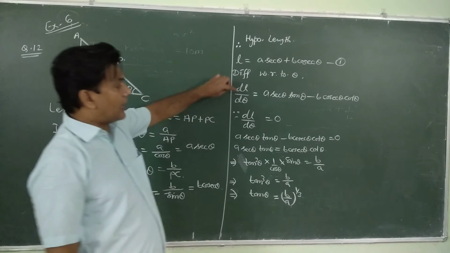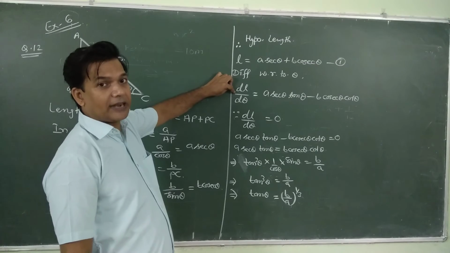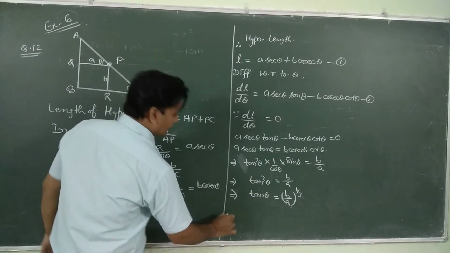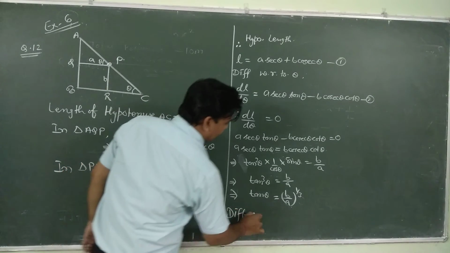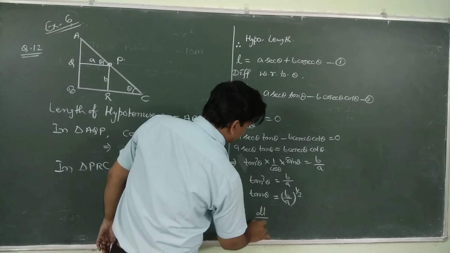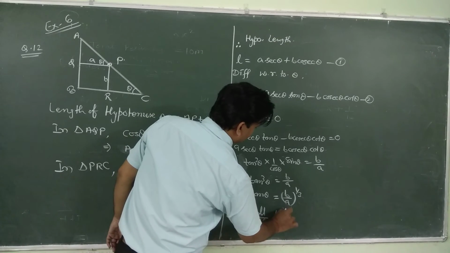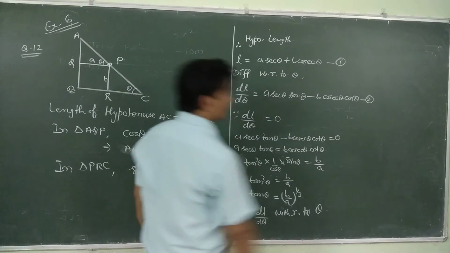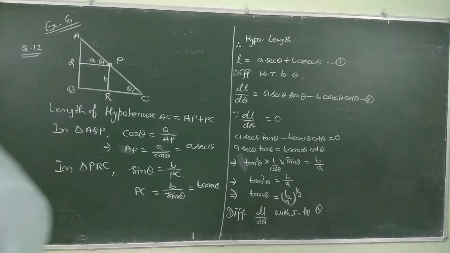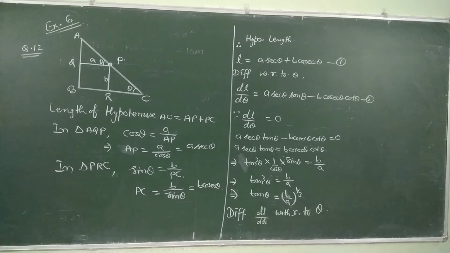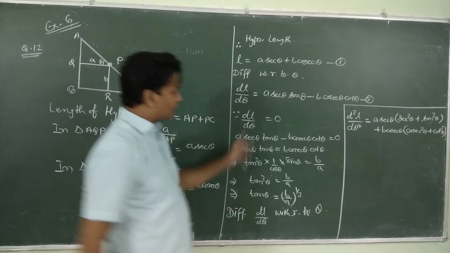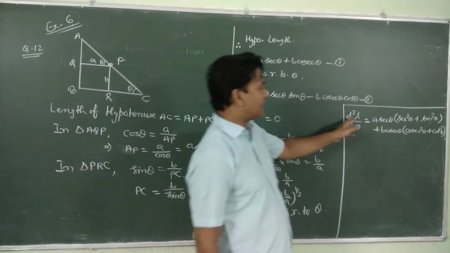Now again differentiating dL by d theta with respect to theta, what we get here is d2L by d theta 2.